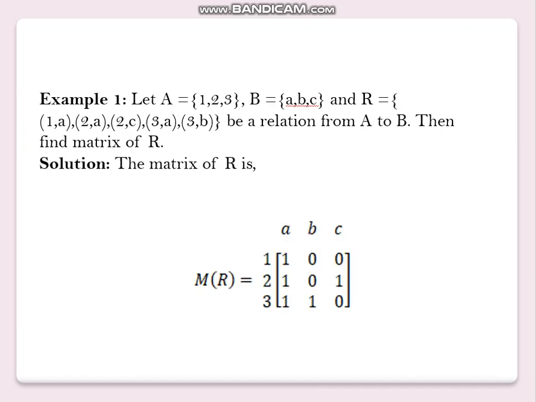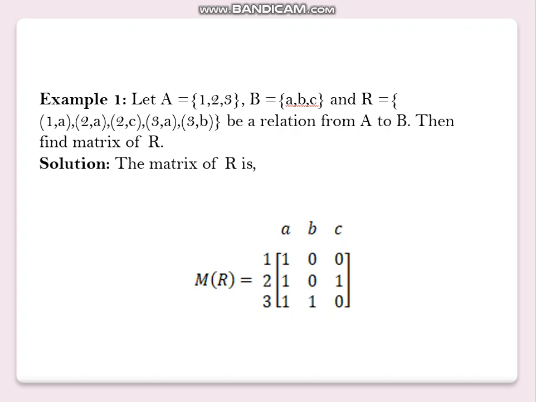For example, two sets are given here. A contains 1, 2, 3 and B is {a, b, c}. The relation R is given as (1,a), (2,a), (2,c), (3,a), (3,b). The matrix of the relation R will have rows as the elements of the set A and columns as elements of the set B. Since 1 is related to a, the first row, first column entry will be 1.